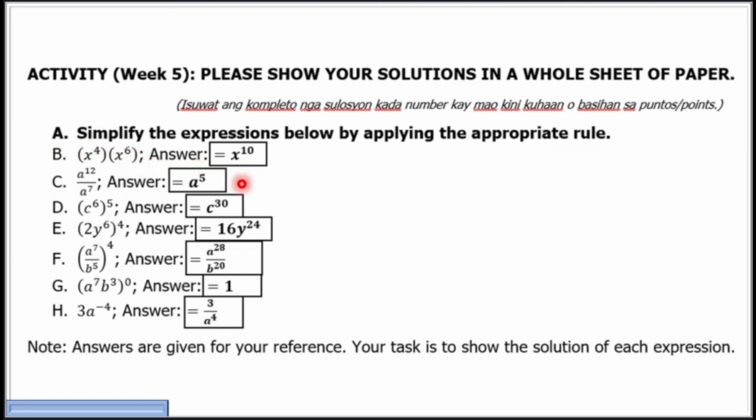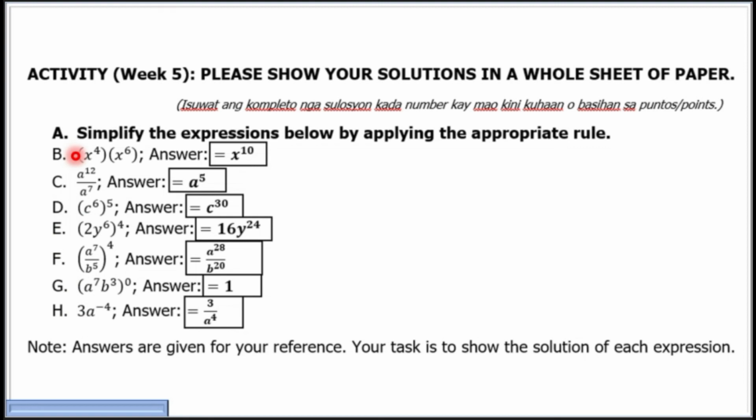On this activity, simplify the expressions below by applying the appropriate rule from your module. You can look at your module as a guide. So, in here, this is supposedly 1, 2, 3, 4, 5, 6, 7.